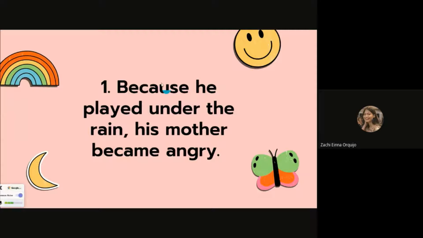At ang epekto ng pagliligo ng isang bata sa ulan ay nagalit yung nanay niya. So yung nagalit yung nanay niya, yun ang epekto or bunga nung pagligo niya sa ulan. Kaya itong because he played under the rain ay cause at itong his mother became angry ay effect or bunga.